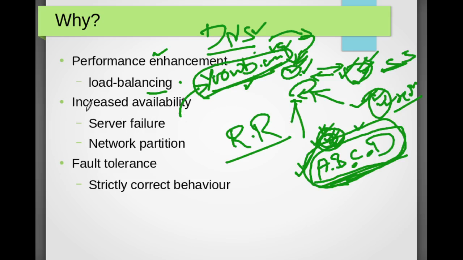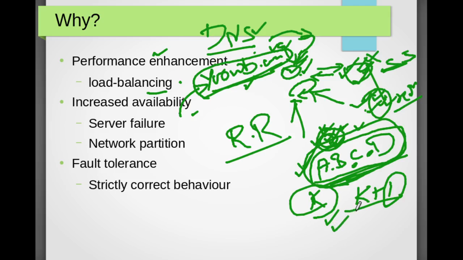Now another thing we are discussing is increased availability. Many times servers may fail. So if you have different copies of data, even if one server fails, the other server is still working, right? Sometimes you will see that if you have k plus 1 servers, even if k servers are down, the one server can still work, right?